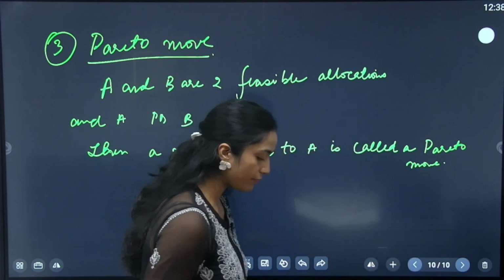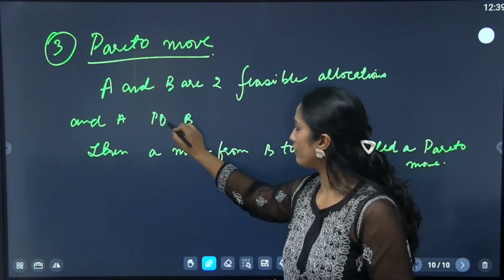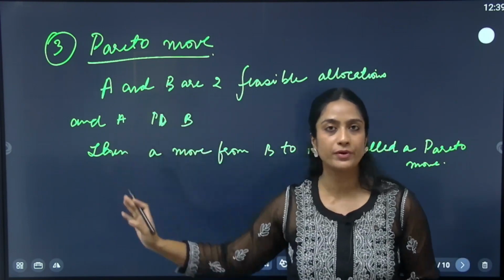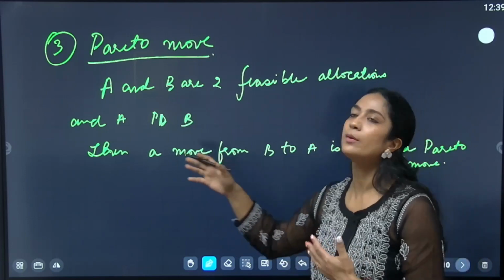So when you are moving from an inferior to a more superior bundle in terms of Pareto domination, it's called a Pareto move.